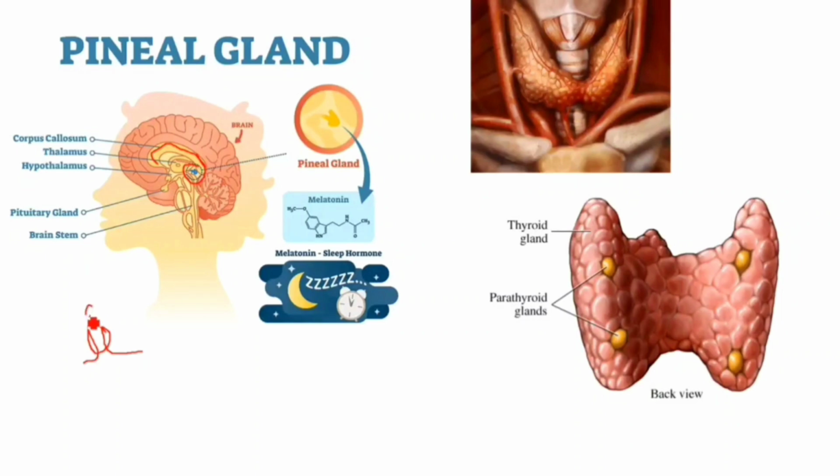Over the top of the pineal stalk lies the pineal gland. The hormone released by it is melatonin, also known as the sleep hormone, as it regulates our sleep cycle.